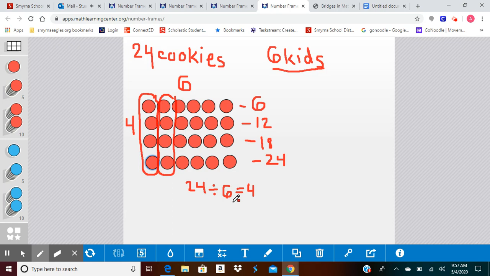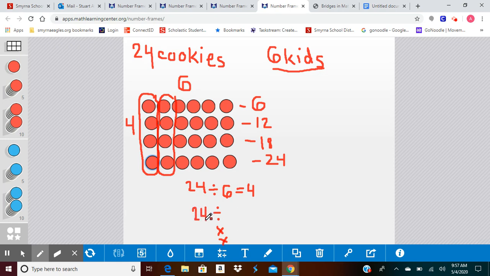So we have to come up with the fact family. If you remember what Mrs. Skews had taught us a couple weeks ago with fact families, we come up with 2 division equations and 2 multiplication equations. When we divide, we always start with our larger number.